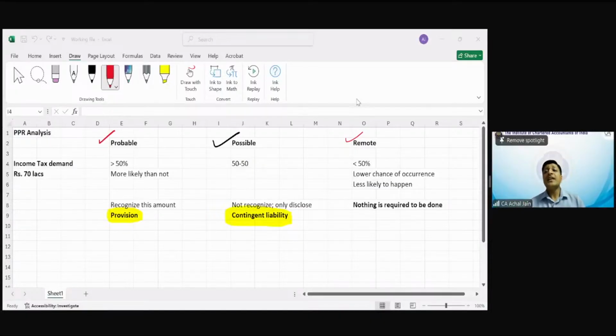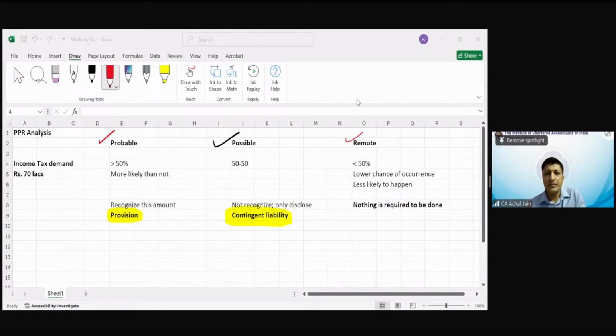Ron is asking, sir, in the remote case, it's the contingent asset. No. See, contingent asset is about an asset. Okay, that is different from it. So please do not associate anything on your own with all of these things. Yeah, so please don't bring in contingent assets over here. So in case of a remote, you don't disclose it as a contingent asset.